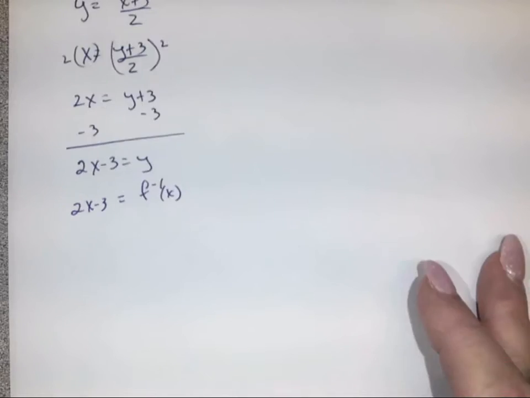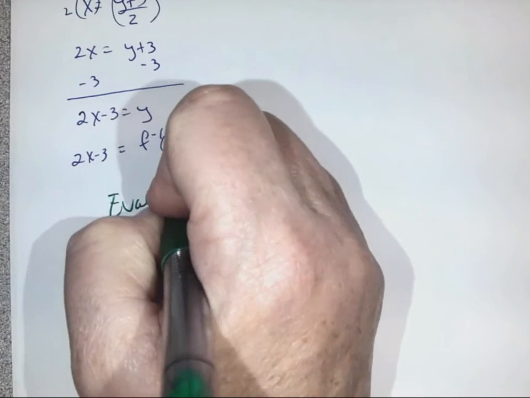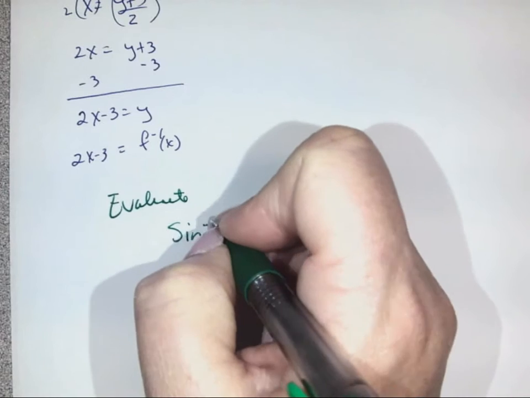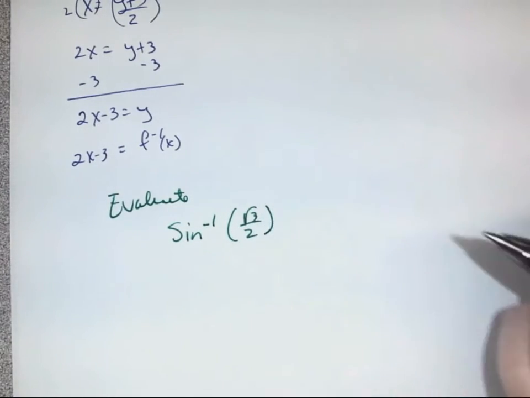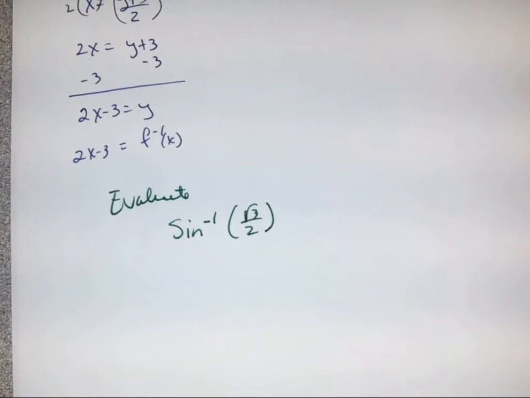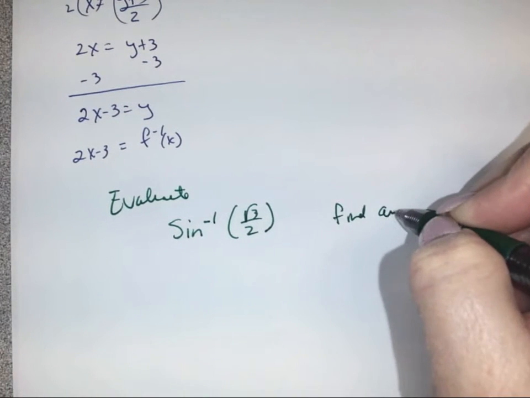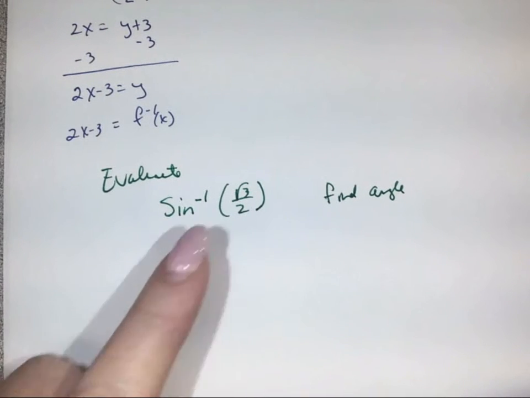So we want to evaluate sine inverse of square root of 3 over 2. So basically what we want to do is find the angle. This is the value, so what is our angle?